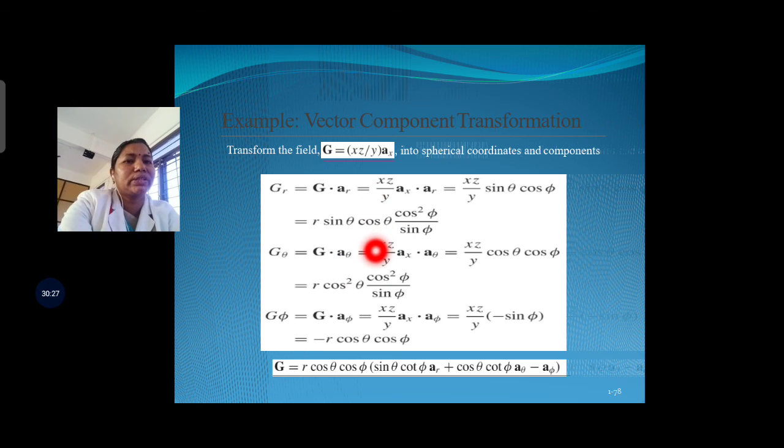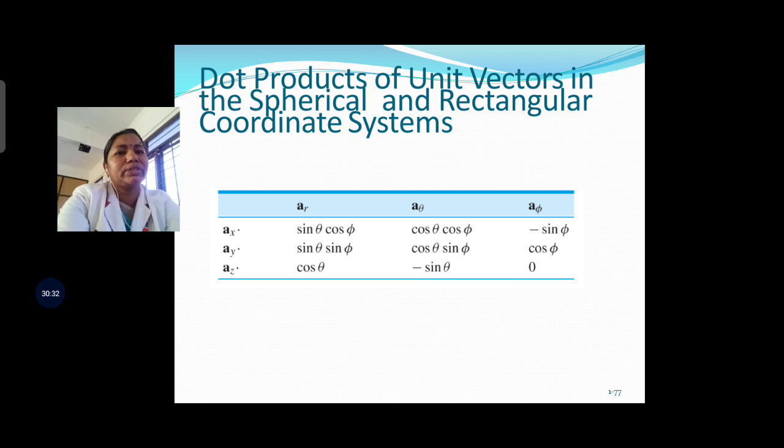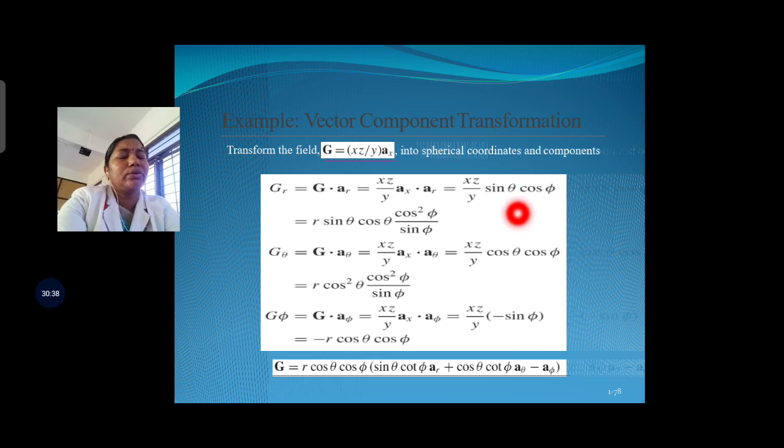G is given as xz/y a_x·a_theta. Now we refer to this table for a_x·a_theta. We will get cos theta cos phi. Now we substitute this cos theta cos phi in this equation. So we will get r cos square theta cos square phi by sin phi.